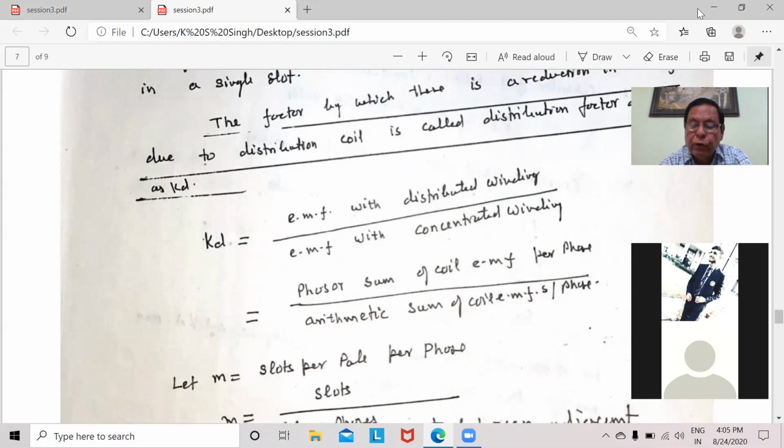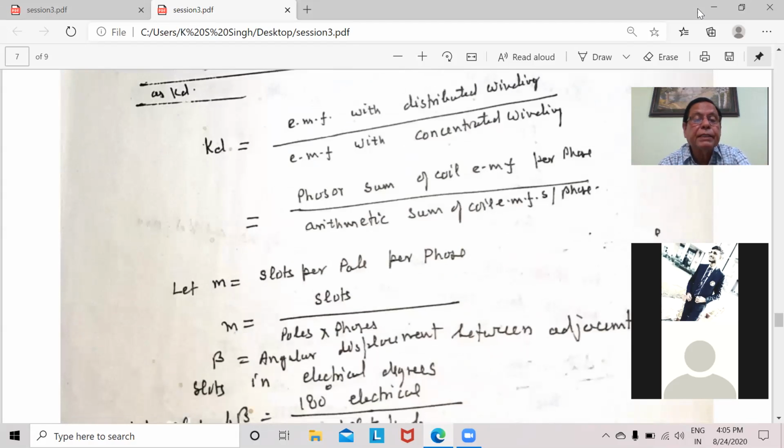For this, there are two things. First is m, the slots per pole per phase, m equal to slots upon poles times phases.